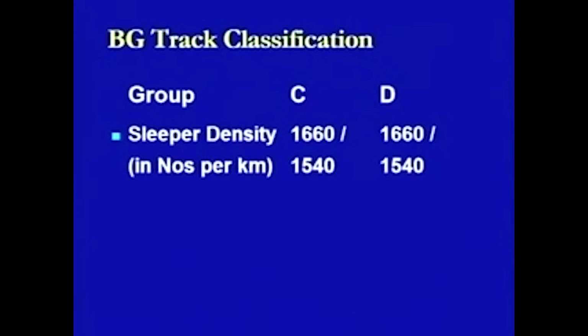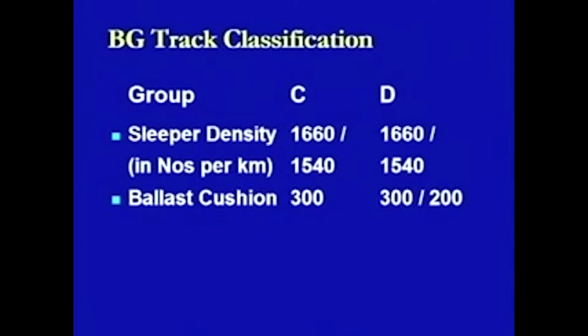Here what we found is that in the case of the C category, which is related to the suburban railways, or in the case of D category, we have similar conditions of the sleeper density in terms of total number of sleepers per kilometer track length, that is 1660 or 1540 sleepers per kilometer length. In case of the ballast cushion, the value in the case of C is 300 mm and in the case of D category it is 300 mm or 250 mm.